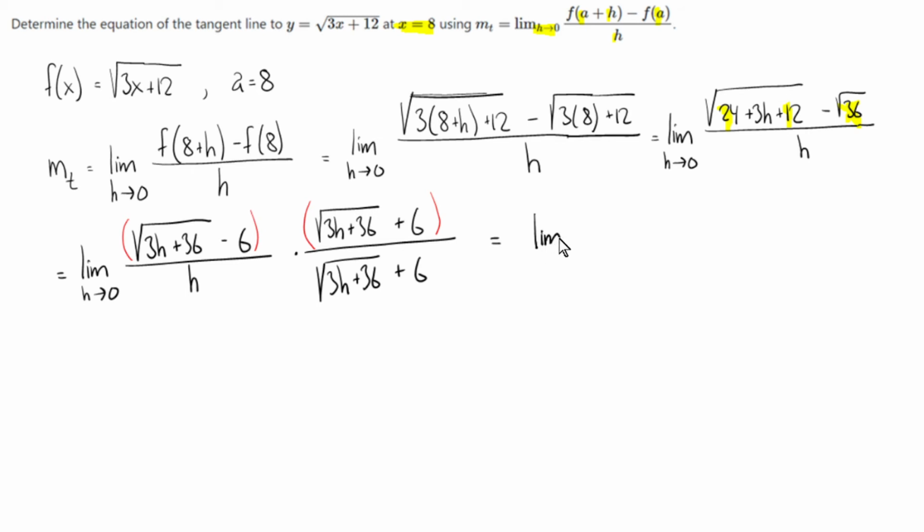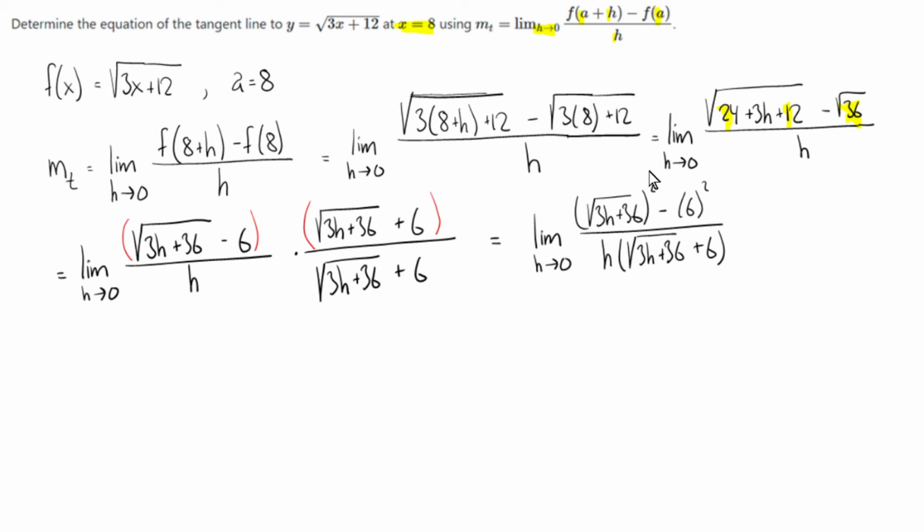So we have the limit as h tends to 0, and the first term squared, square root of 3h plus 36 squared, minus 6 squared. This is a difference of squares. If you factor that, you get this product here. In the denominator, we have h times the square root of 3h plus 36 plus 6.